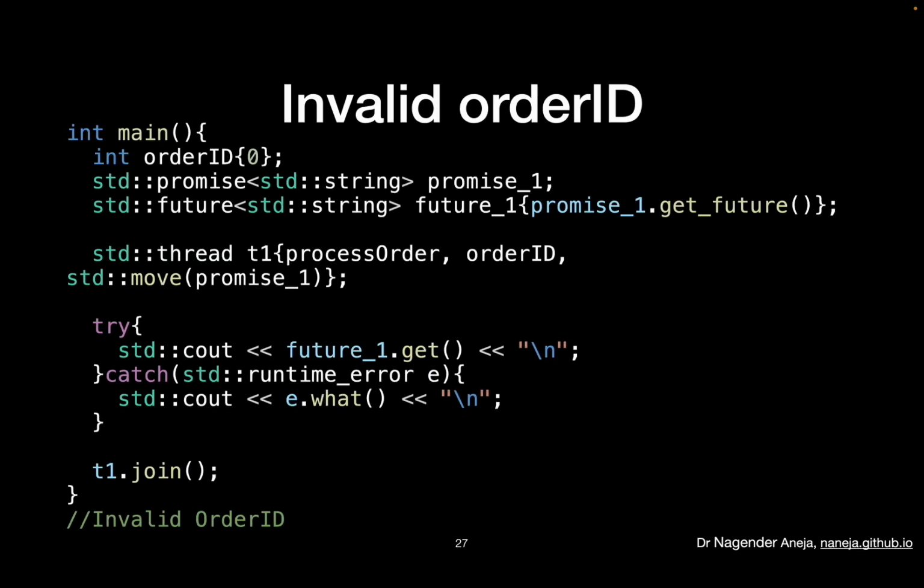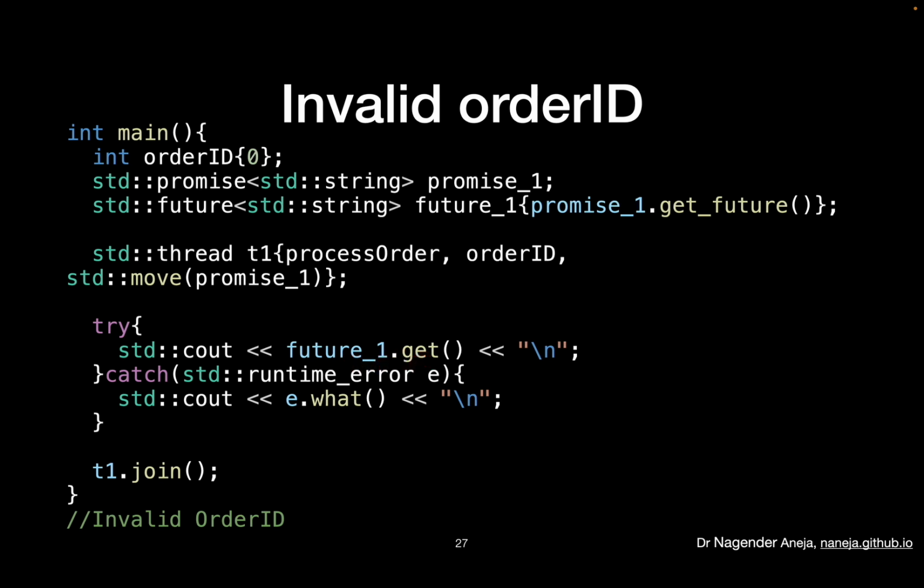So what we have done so far is that we are creating the thread using standard thread. We create the thread, we pass the promise, and we get the future. And the future is already linked, and then using the future we get the value.